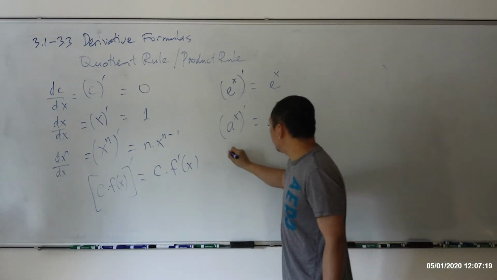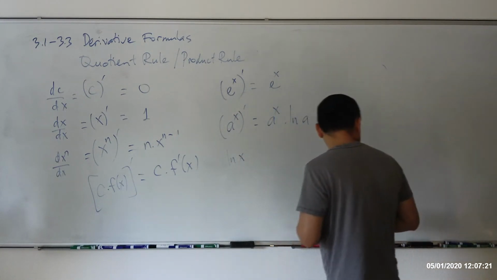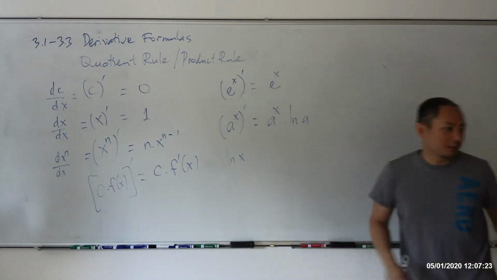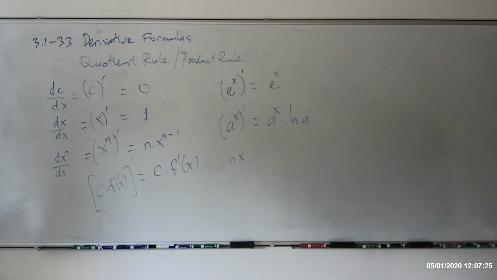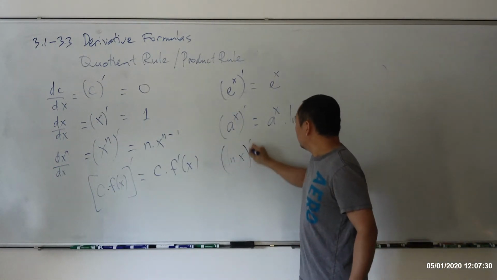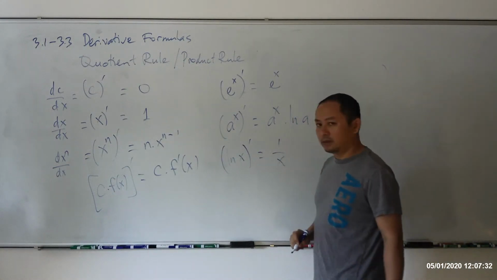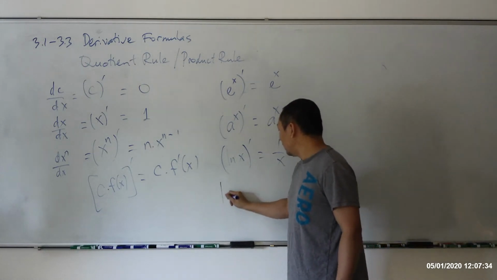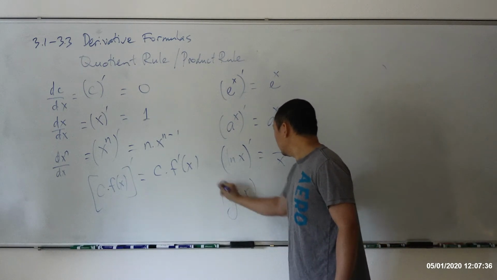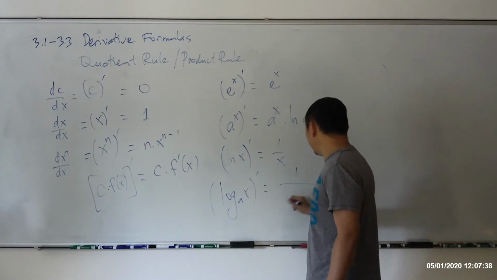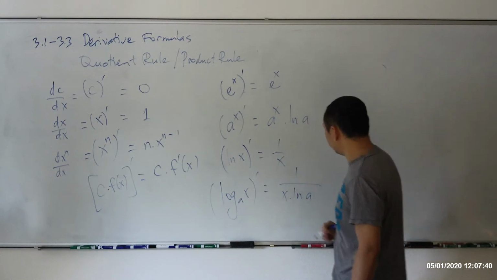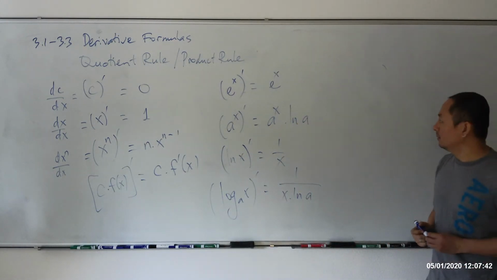And the derivative of ln of x, let me change the marker, it's out of ink. The derivative of ln of x is 1 over x. In general, for log base a of x, the derivative is 1 over x times ln of a at the bottom.